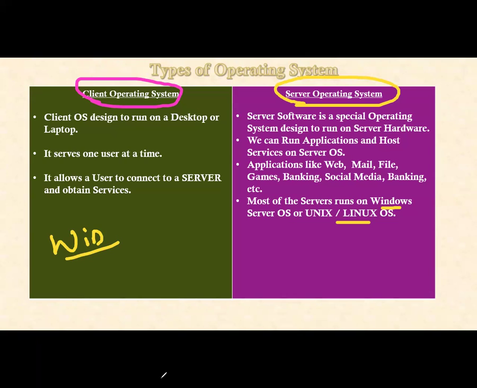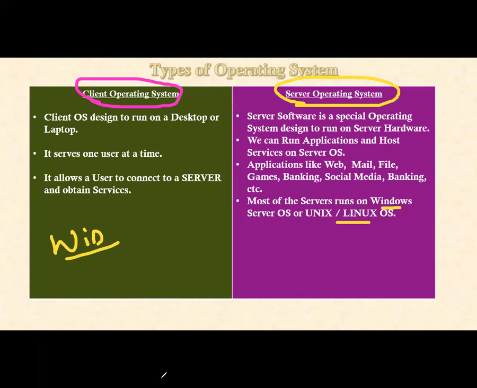So coming to client operating systems, Windows is the market leader. There is no competition for Windows client operating systems in our desktops and laptops. They are indeed the market leaders.